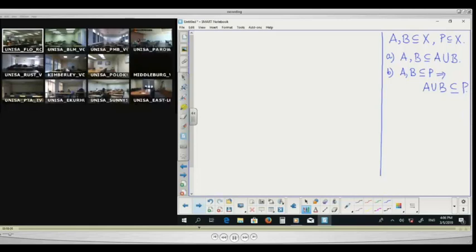So the moral over here is A union B is the smallest subset of X containing both A and B. So this is the approach let us take.